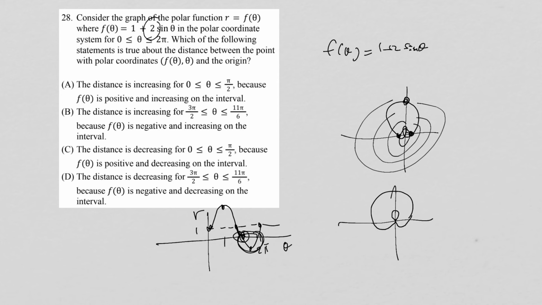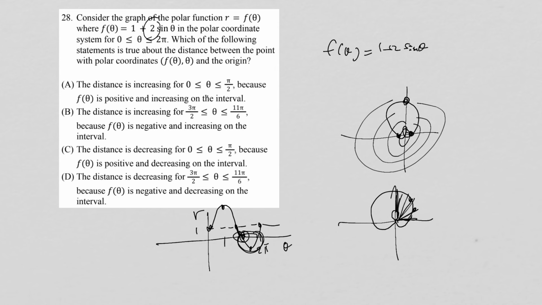What do they want to know about it? The distance between the point and the origin. So the point and the origin has a distance, and then as theta changes, that distance changes also. So between 0 and pi over 2, from 0 degrees to 90 degrees, you see how it's getting bigger, bigger, bigger?